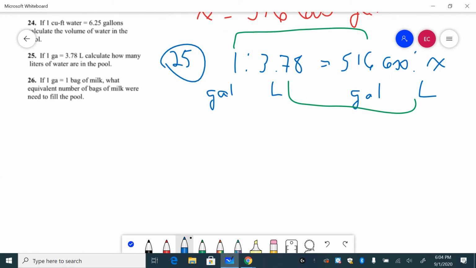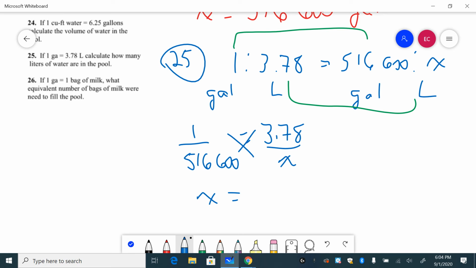So we've got 1 over 516,600 equals 3.78 over x. Cross multiply. X equals 1,952,748, and that's liters.